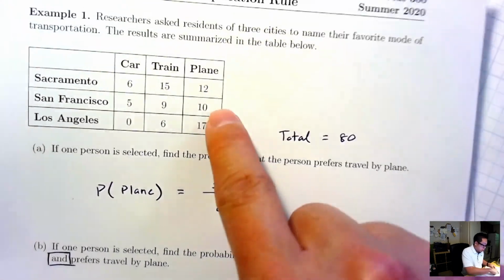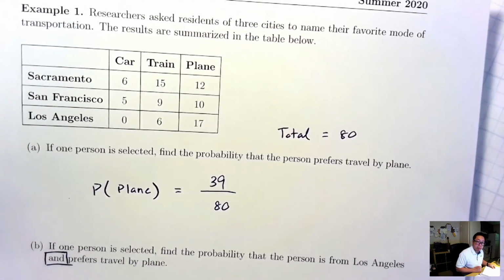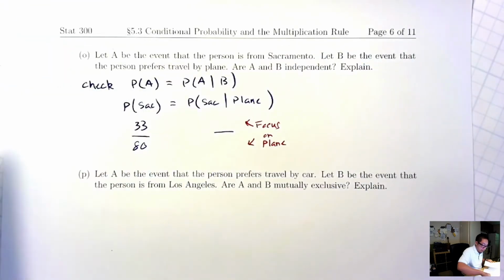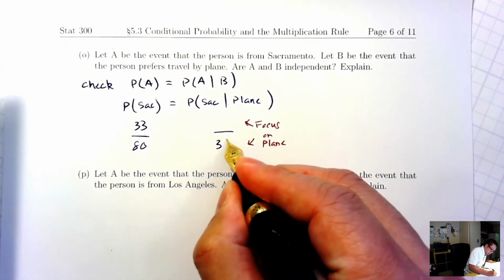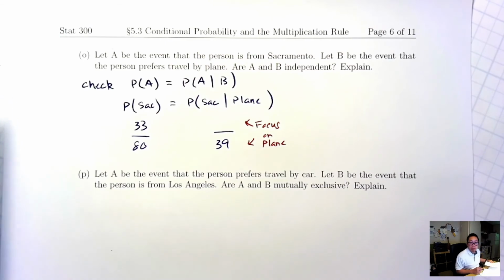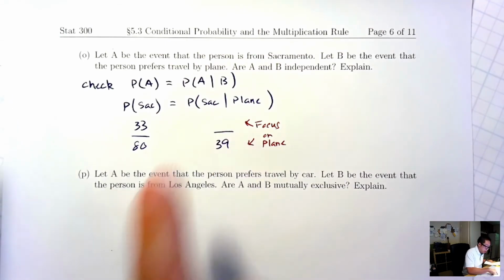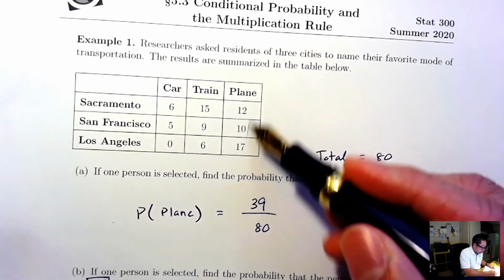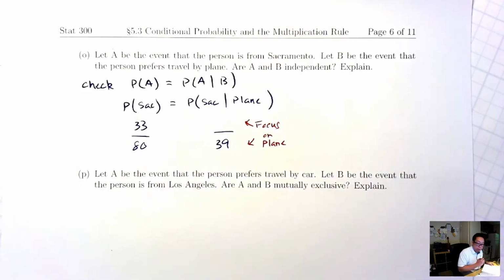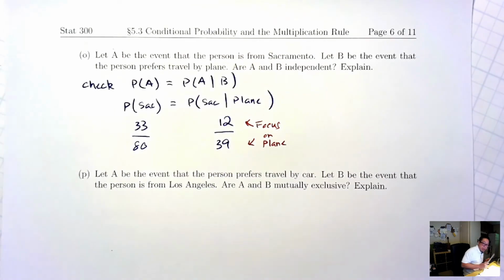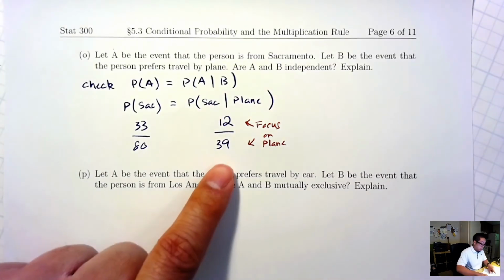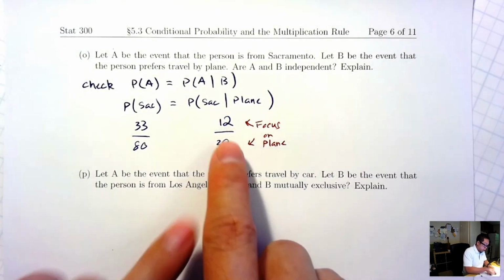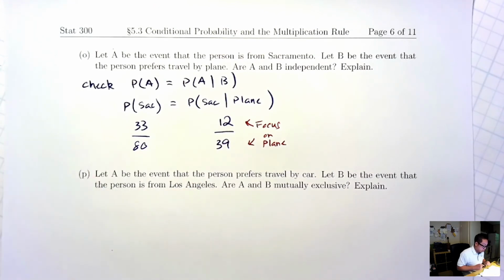Just the plane numbers 12, 10, 17. The total would be 39. And then, just focusing on the plane numbers, how many are from Sac? 12. And that's the right side. So 12 over 39 is Sac given plane. 33 over 80 is just probability of Sac.